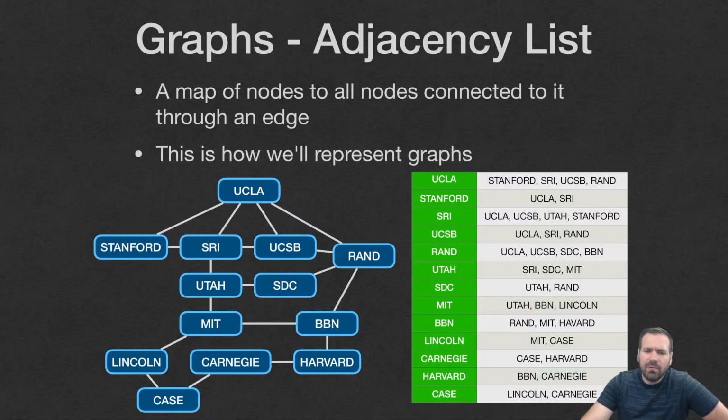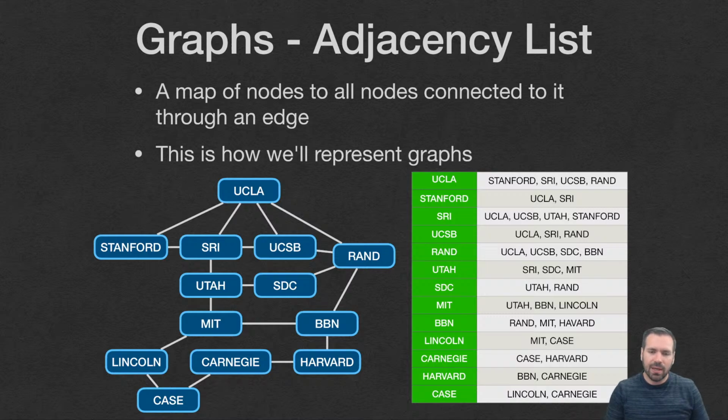So every edge can be traveled in both directions. If there's an edge connecting UCLA and UCSB, we can go from one to the other and vice versa. There's also a type of graph called a directional graph or a digraph, where that's not the case, where you would have arrows on your edges indicating the direction it can go. This would be equivalent to the traffic example, where some roads are one-way roads.